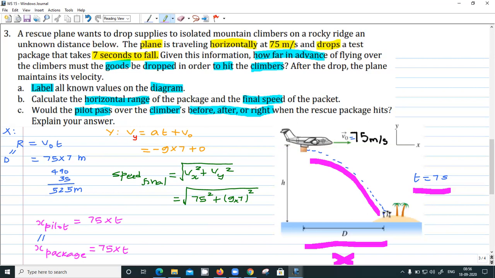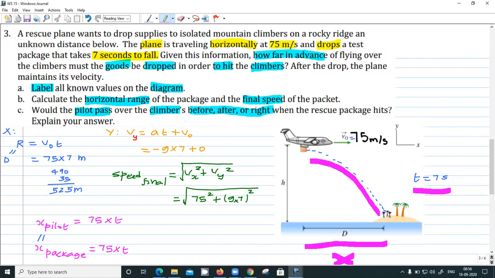So I would use v equals at plus v sub 0. V equals negative 9.8 times 7 plus 0. So v is negative 68.6.